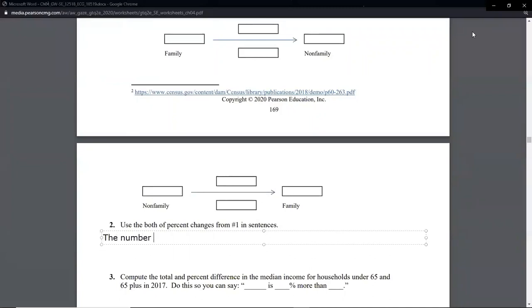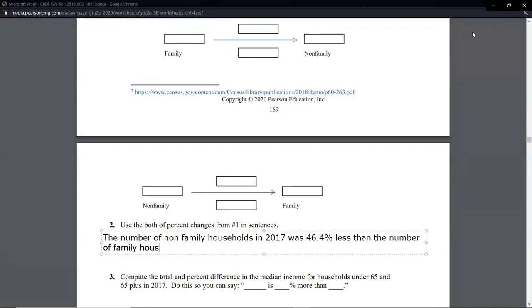The number of non-family households in 2017 was 46.4% less than the number of family households. That would be from the first one, when we had family as the original and non-family as the quote new.